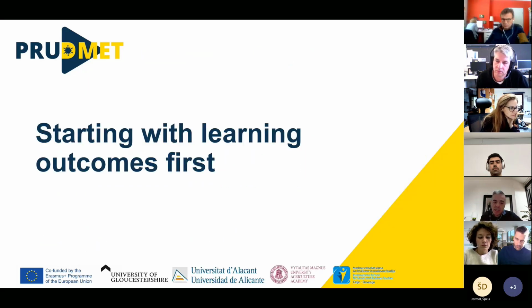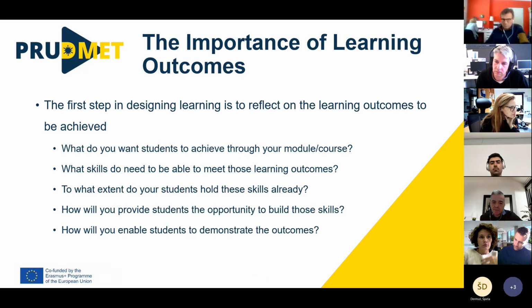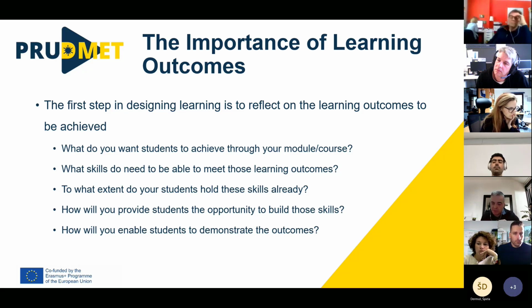The second is related to the idea of starting with learning outcomes first. For this topic, we are going to reflect on how we can design the learning outcomes. That means that we start first with the learning and later with the technology. We don't implement technology only because we consider it interesting.